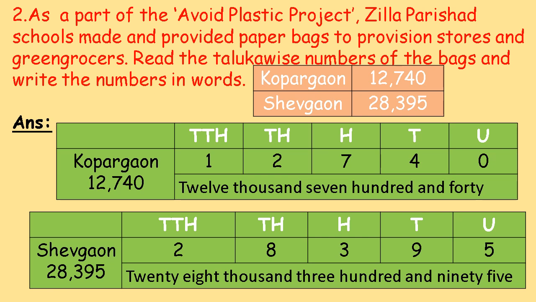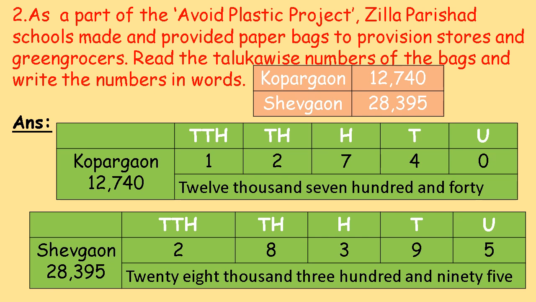In this number, 0 is in the units place, 4 is in the tens place, 7 is in the hundreds place, 2 is in the thousands place and 1 is in the 10,000s place.